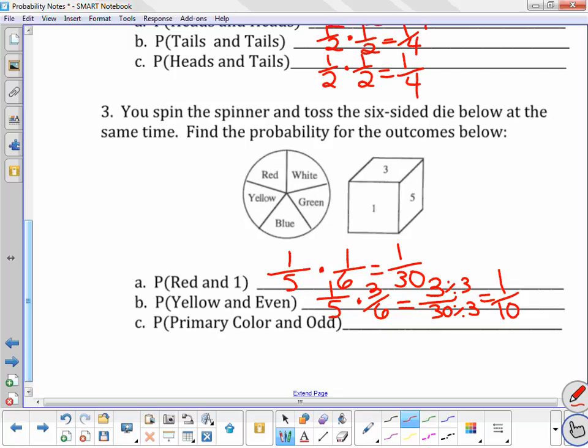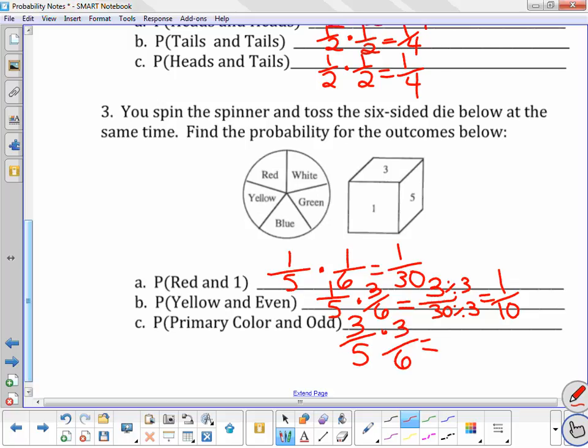So you might not know what your primary colors are, but hopefully you do. Letter C, the probability of a primary color and an odd. Your primary colors are yellow, blue, and red. So there's 3 of those out of 5 outcomes times an odd number. Your odd numbers on that die are 1, 3, and 5. So 3/6.